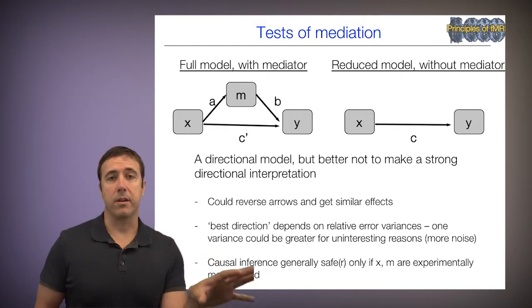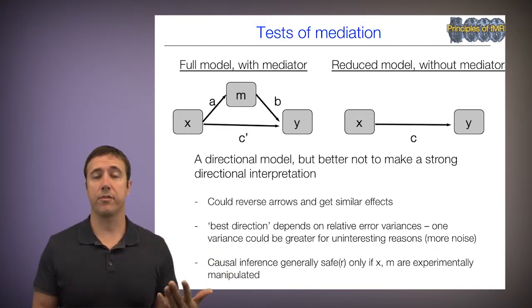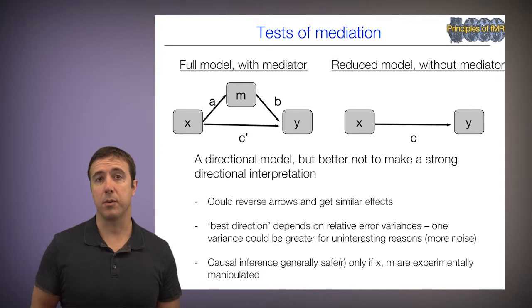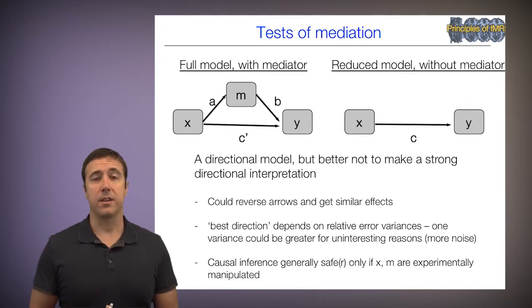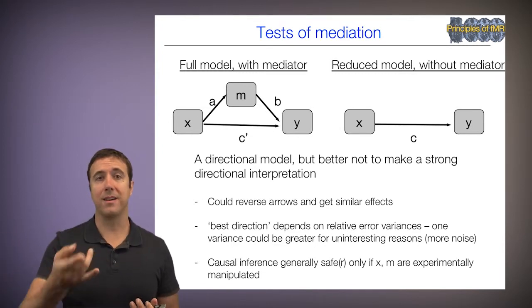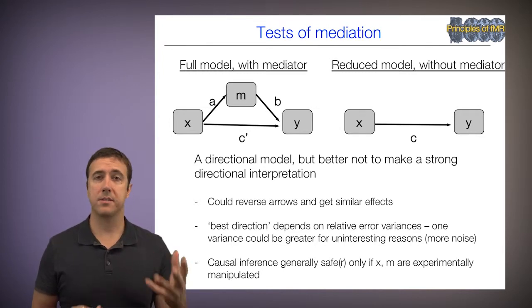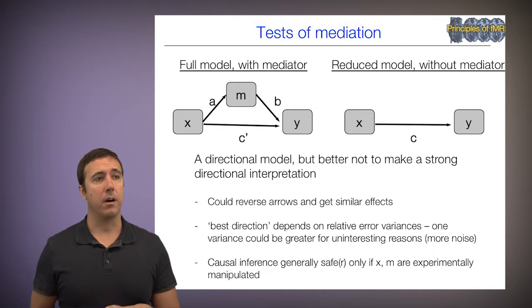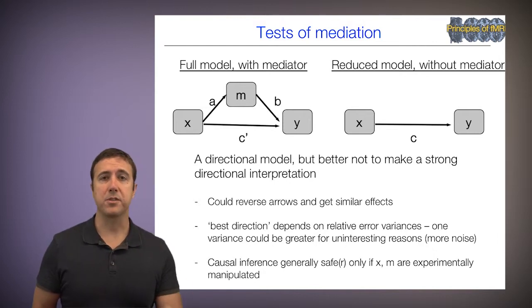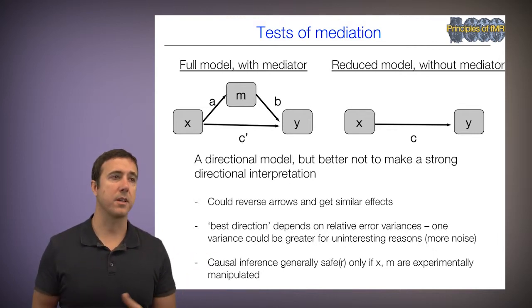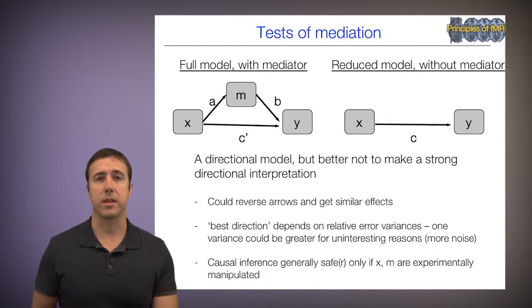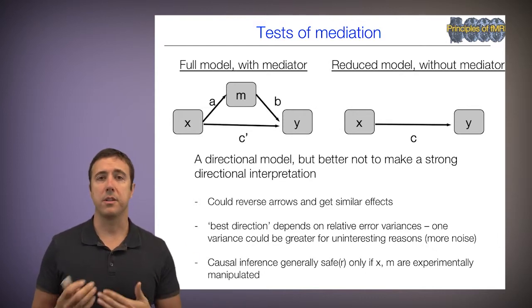One thing to note here is that we can reverse the direction of the arrows and often get similar effects. We could reverse which is the M and which is the Y, and we might get similar effects as well. One can test these different models, but it's important to know that the best direction, which model seems to give the most significant results, depends not only on the underlying strength of the relationships, but also on the relative error variances.